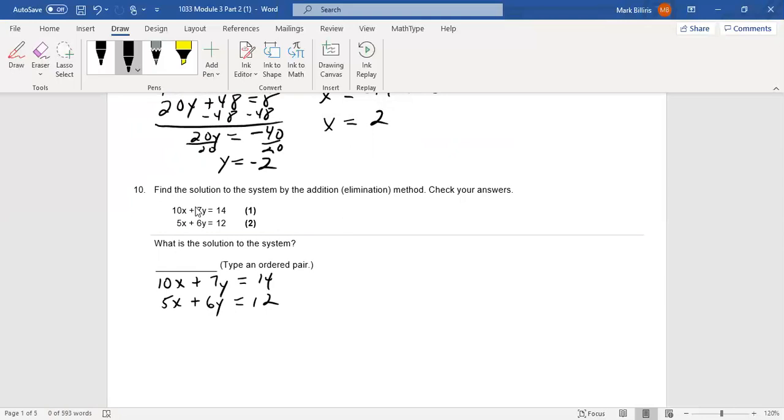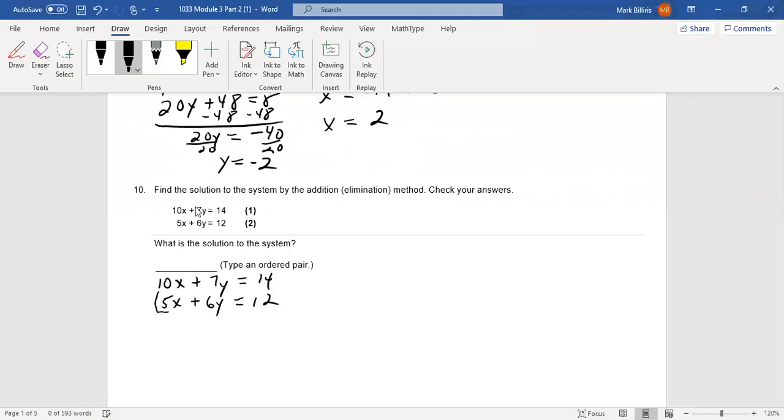So in order for them to be eliminated, I have to make the coefficients opposite. So what I'm going to do is look for a number that both 10 and 5 go into, and they both go into 10. So my first equation already has 10 as a coefficient, so I need to make the coefficient of x in the second equation -10. So in order to do that, I would have to multiply it by -2.